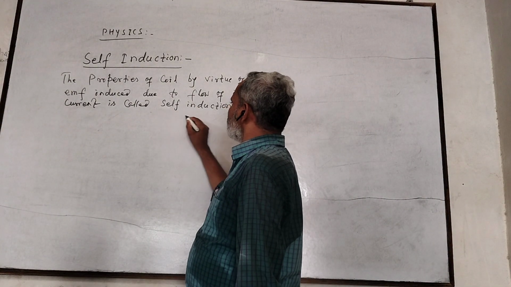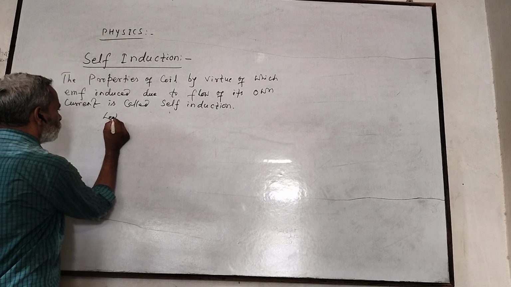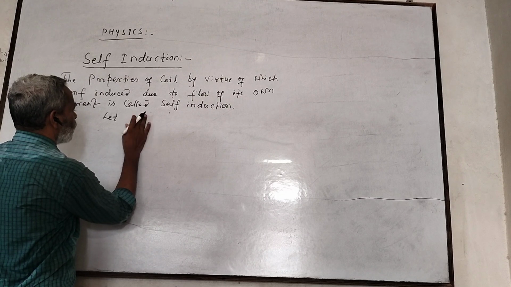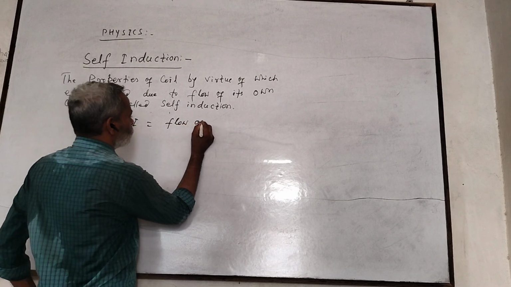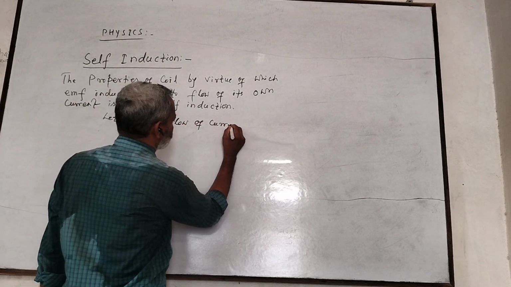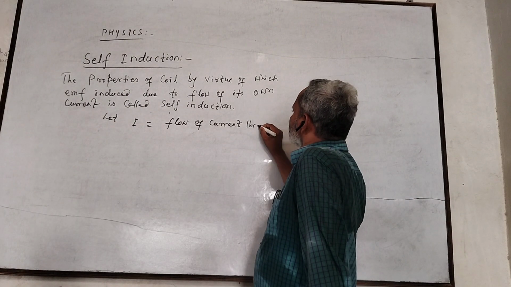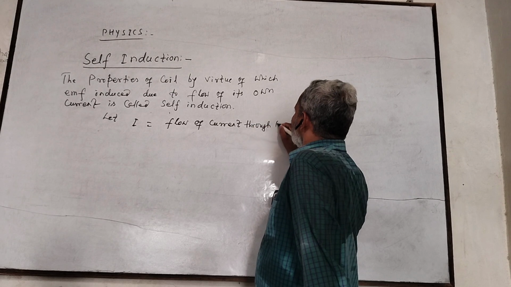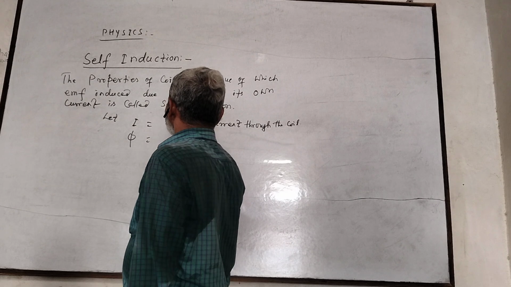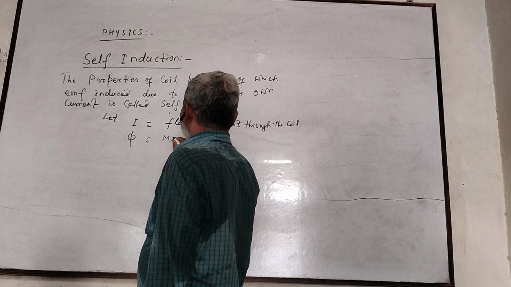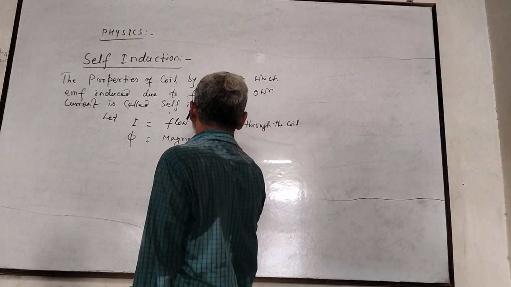Let I be the current flowing through the coil, and phi the magnetic flux produced.